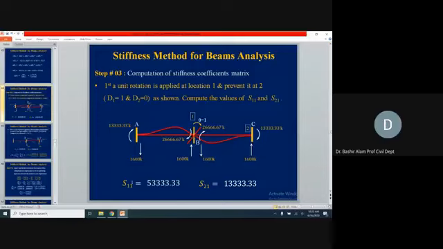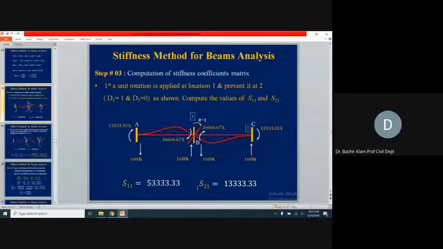We add them up and we get S11 equal to 43.33. Similarly, at location 2, which is at 2 due to 1, which will become S21, it is plus 143.33.